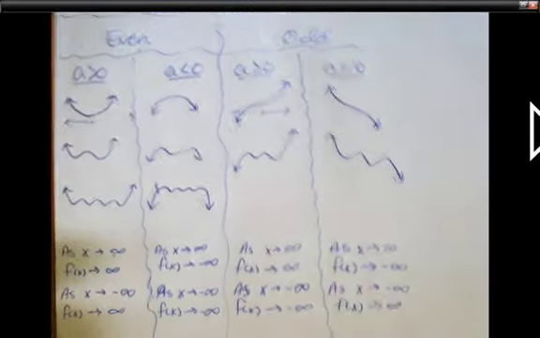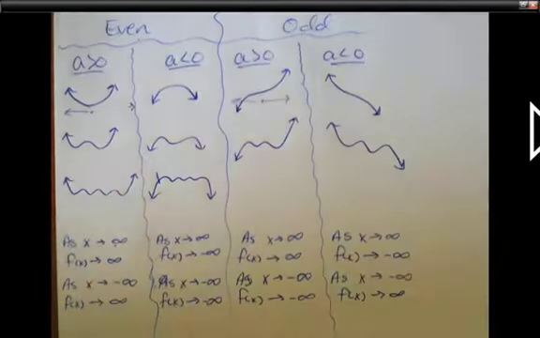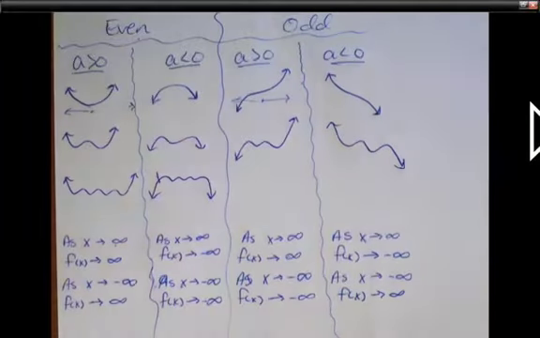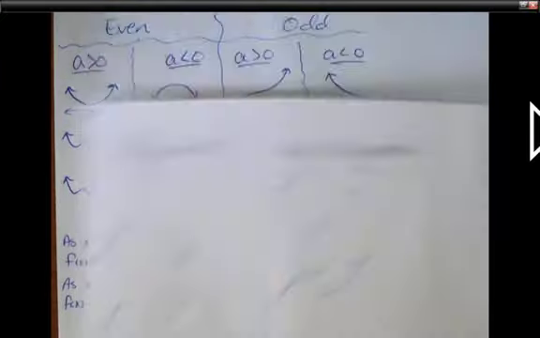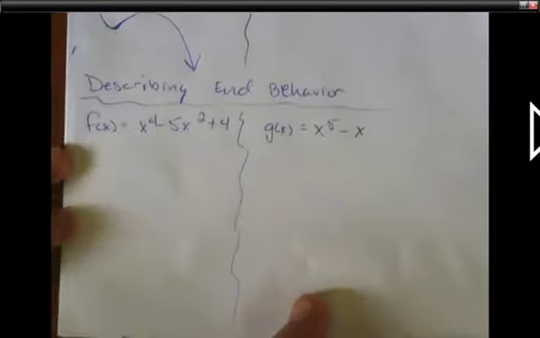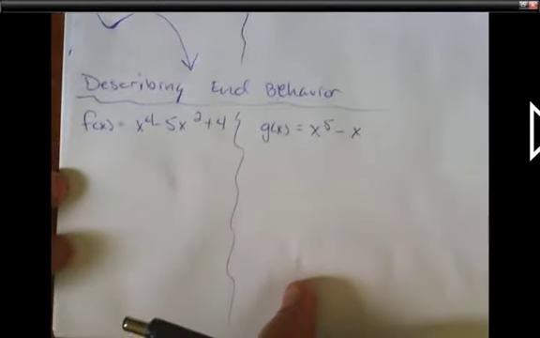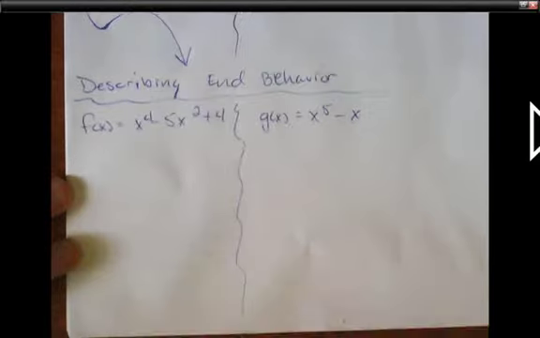Okay, so that's how we describe end behavior. And we can describe that given an individual function, which is what I have here at the bottom. We can look at functions and automatically know their end behavior.